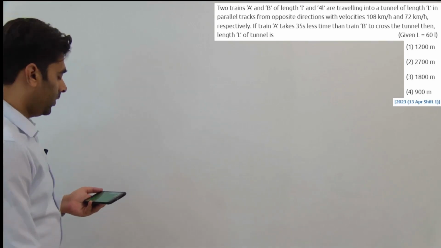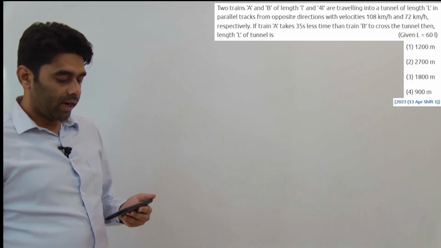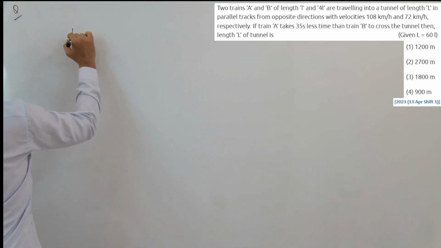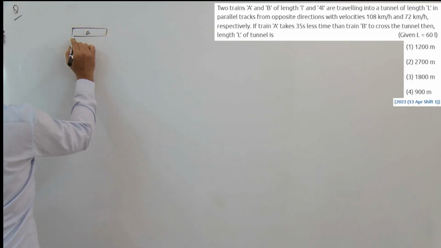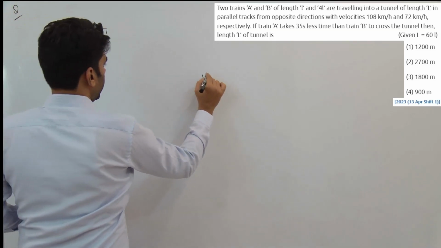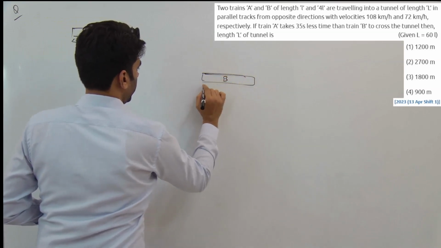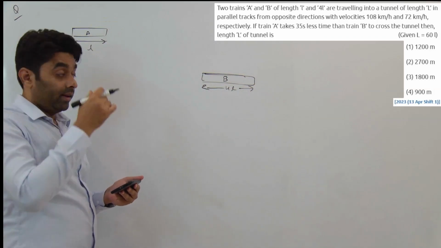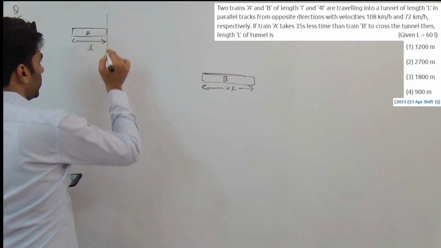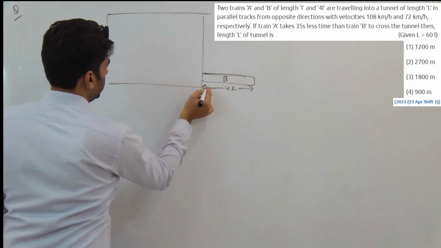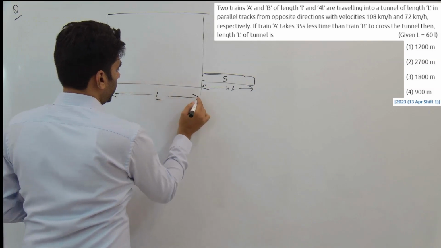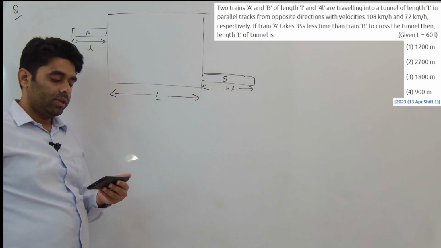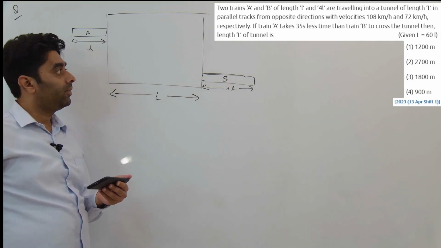Okay, beta. So our next question is, two trains A and B of length L and 4L. A length is L and B of length 4L, are traveling in a tunnel of length capital L. So let's say this is your tunnel of length capital L. In parallel tracks from opposite direction with velocities 108 km per hour and 72 km per hour.